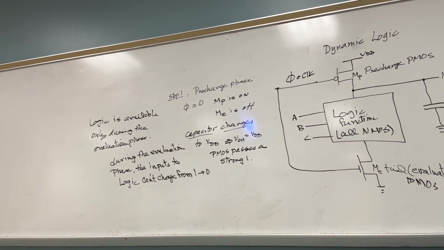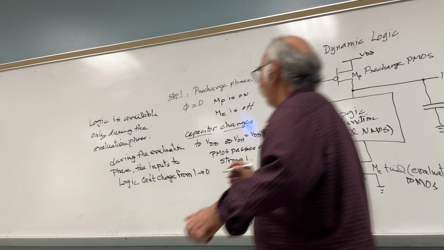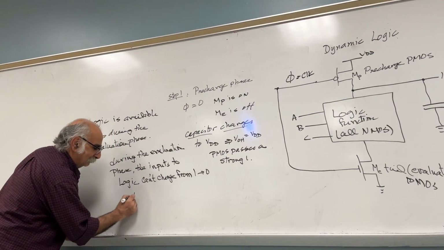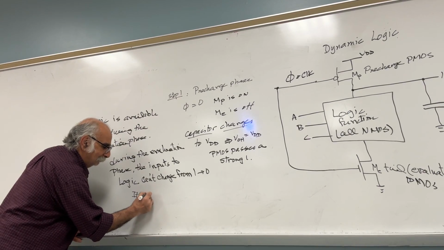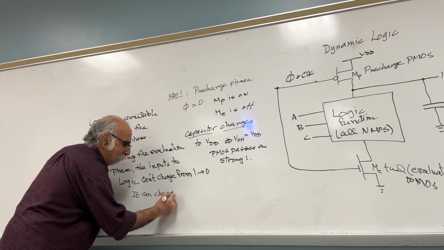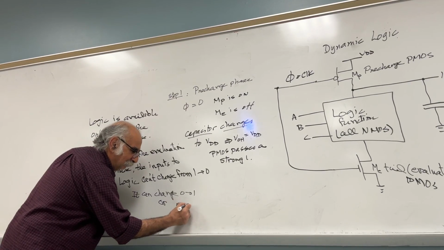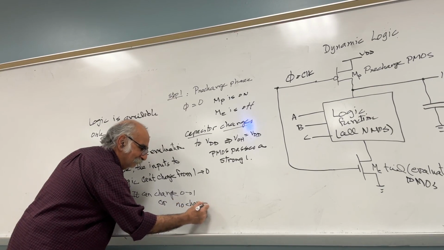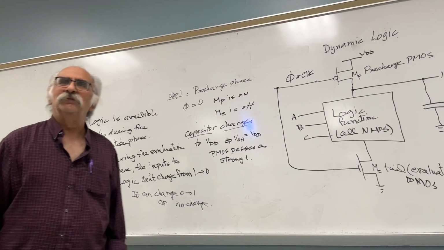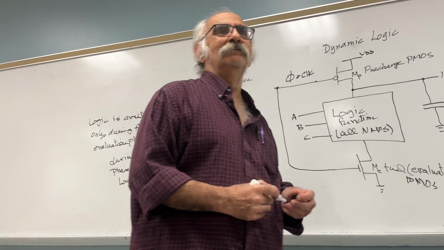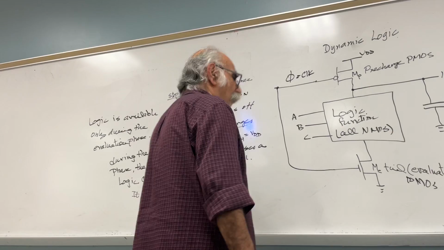It can change from where? It can. Or what? No change. Did you get it? Why? Why it cannot be from 1 to 0?